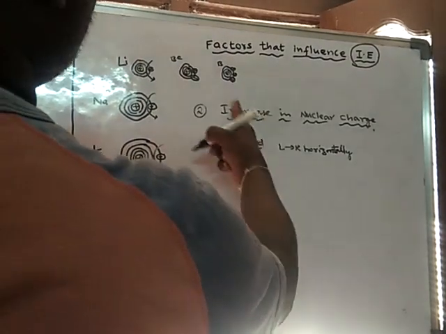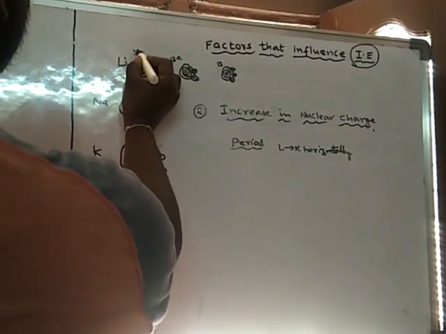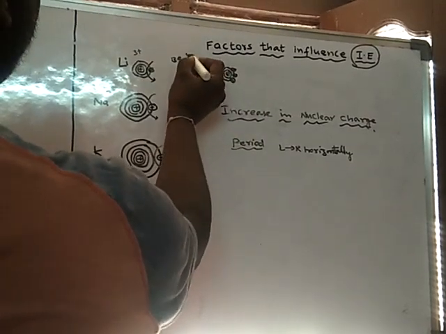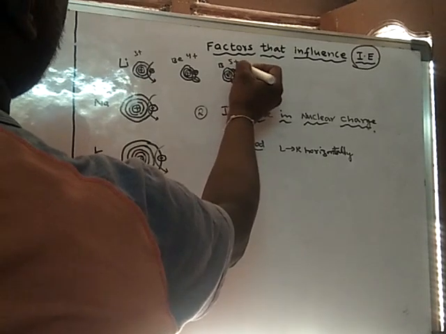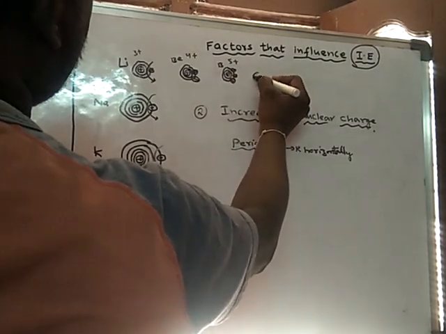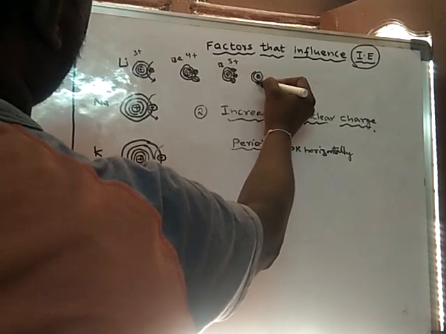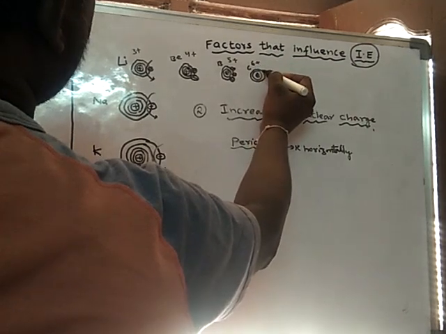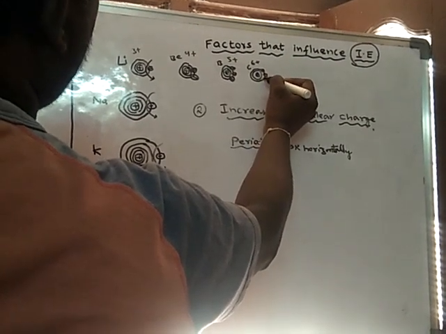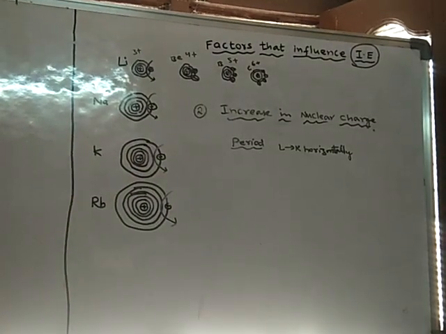With the increase in nuclear charge, this nucleus contains only 3 protons, but this nucleus contains 4 protons, 4 positive charges. This nucleus contains 5 positive charges. The next atom is carbon, and its nucleus contains 6 positive charges, and it contains 4 electrons in the outermost orbit.